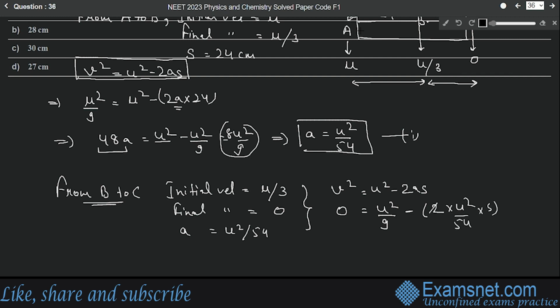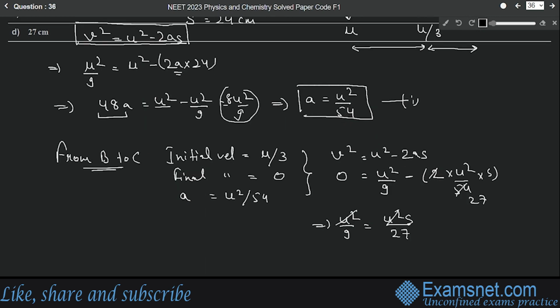So 2 into 27 will be 54. u square by 9 will be equal to u square s by 27. So u square cancelled. Can we find out the value of s here? 9 into 3 is 27. So s will be equal to 3 centimeter, right? So the distance traveled from point B to C will be 3 centimeter.